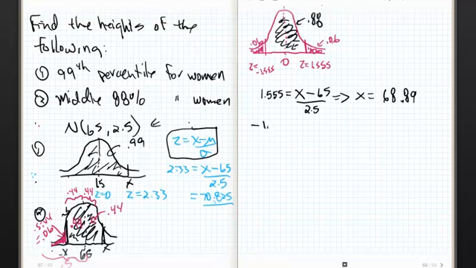Now, if I do negative 1.555 equals x minus 65 over 2.5, that's going to give me, remember what I did? I just found the x value that corresponded to z sub 0.06, that's another way to think about it, or that corresponded to the right boundary of that. If this is x, I'm going to call that negative x, even though it's not going to be negative when we're done.